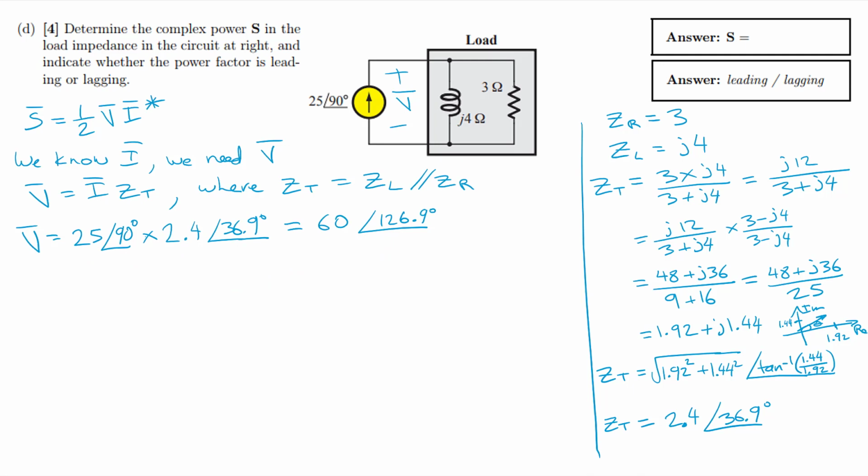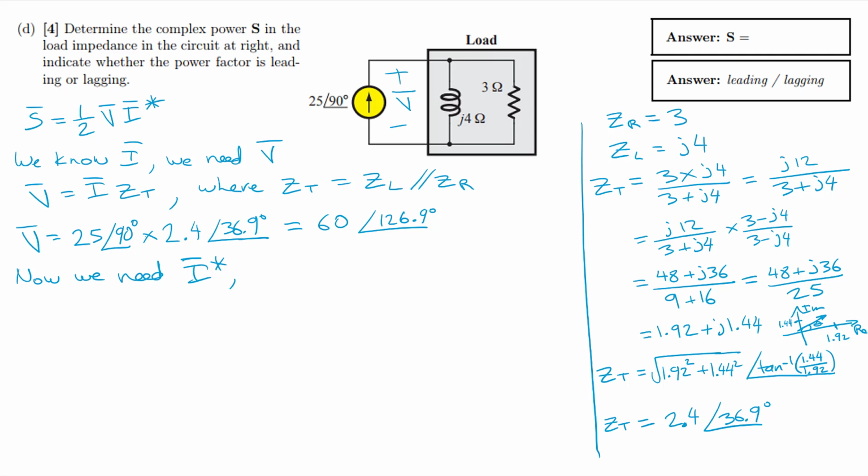All right, what's our next step? Well, we're going to go back and solve for the complex power phasor, and so we need the complex conjugate of the phasor current.